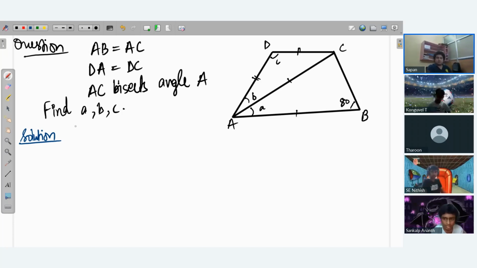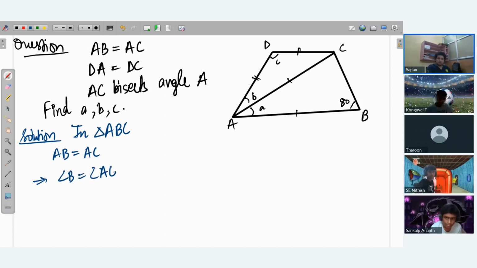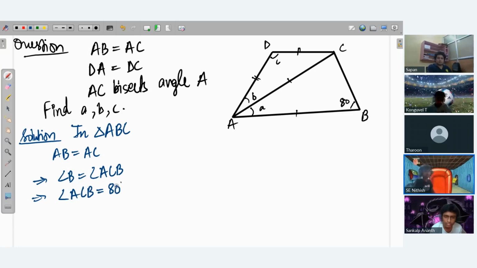So in triangle ABC, we have AB is equal to AC. So it means that opposite angles are the same. So angle B is equal to angle ACB, which means angle ACB is equal to 80 degrees.